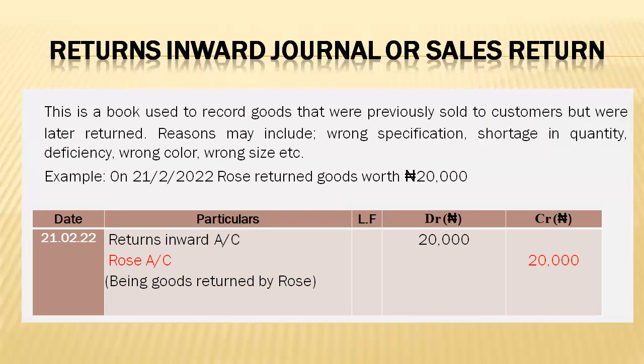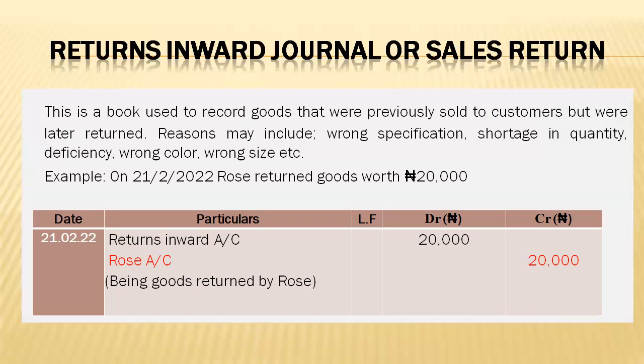It could be deficiency. It could be color problem. Maybe some person wanted black but was given blue. It could be in respect to wrong size. The person may be wearing a size 43 and you have transferred a size 40 to the person. So all these are reasons why goods that are previously sold could be returned.